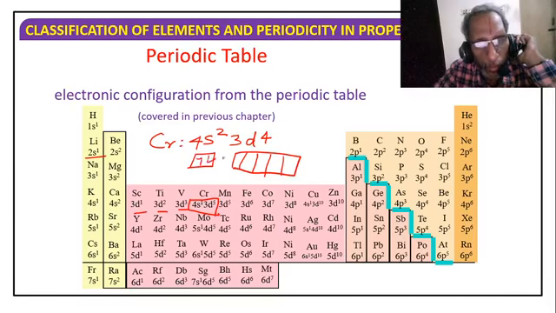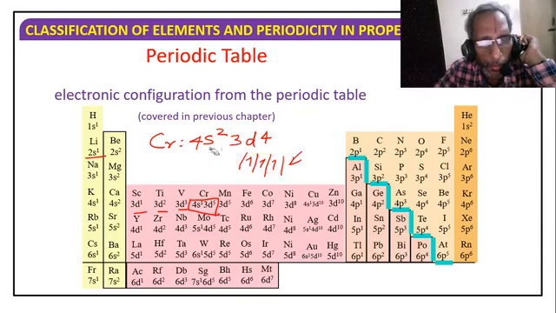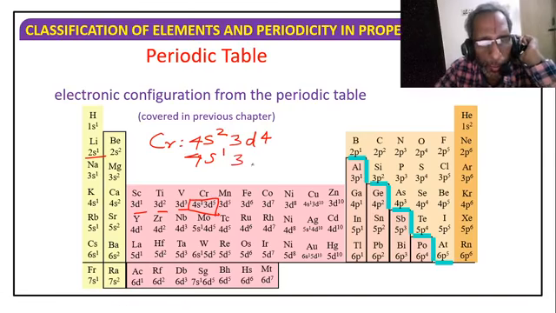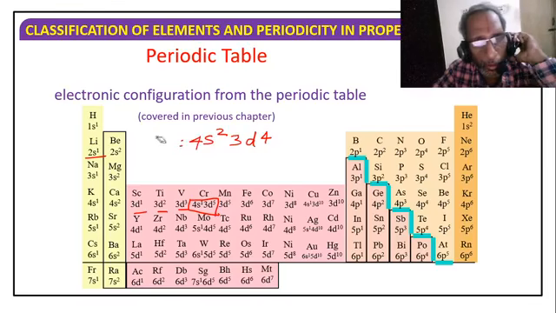So 4s2 3d4 is the original, but there is a seat vacant here, and this electron will go there so that everything is half filled. S capacity is 2, with 1 orbital; D capacity is 10, with 5 orbitals. Half filled configuration is the most stable. That is why it is written as 4s1 3d5. That is to be noted.